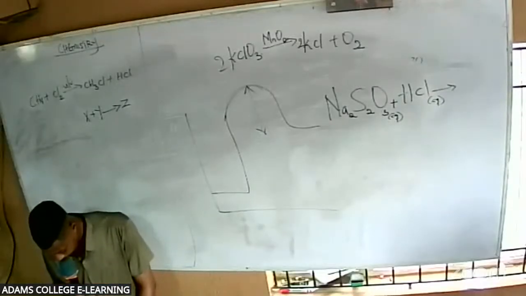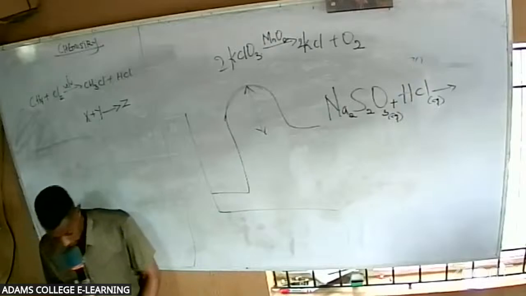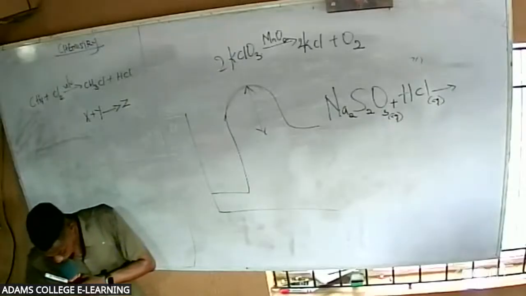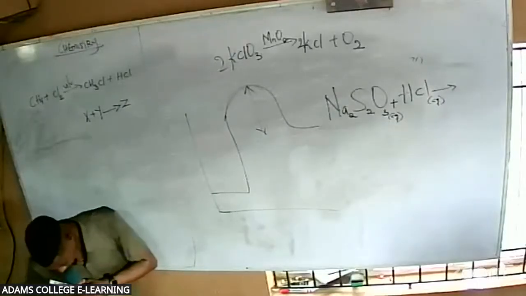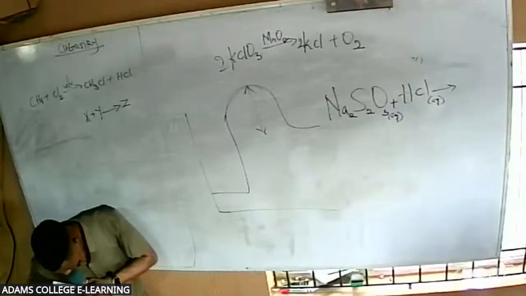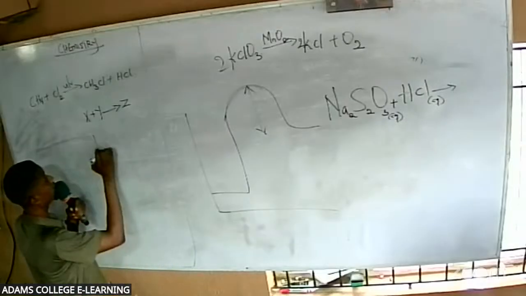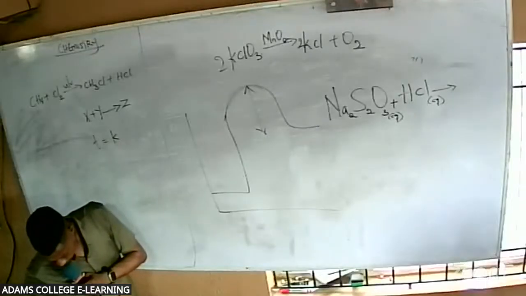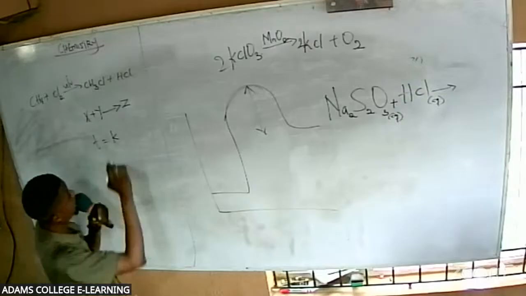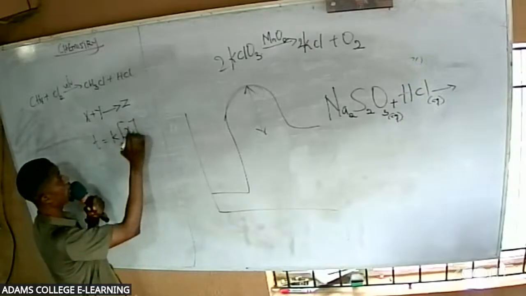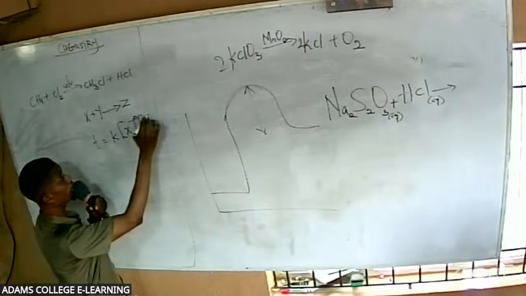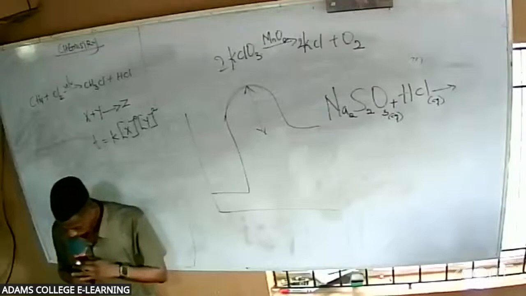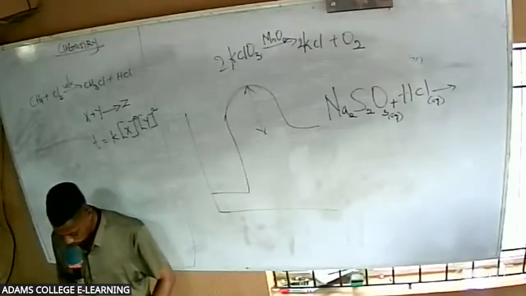Z. The rate equation is: rate equals k, concentration of X raised to 0, and concentration of Y raised to the power of 2. So that's the rate order for the equation.